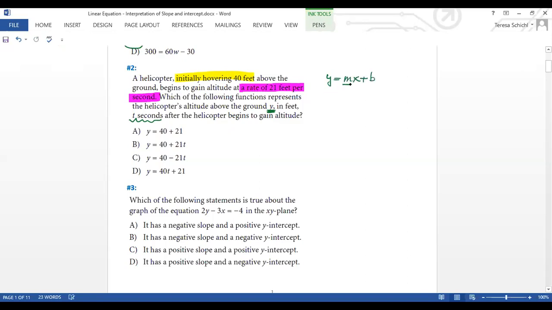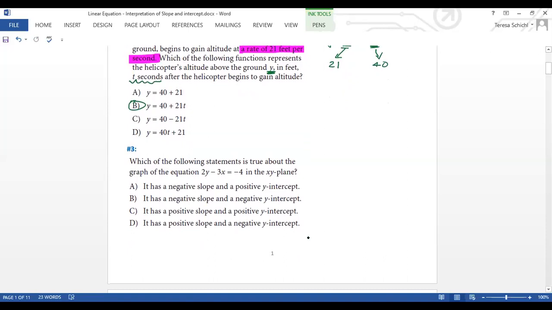The rate here is 21. Then the initial value, which we call the y-intercept, is 40. So what is the answer here? It is B: y equals 40 plus 21t.